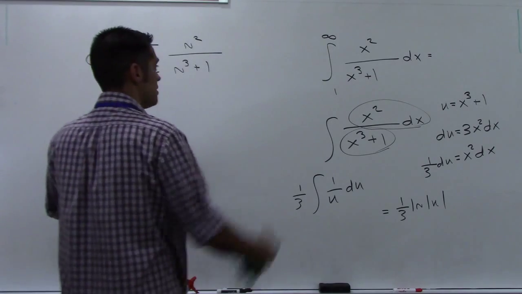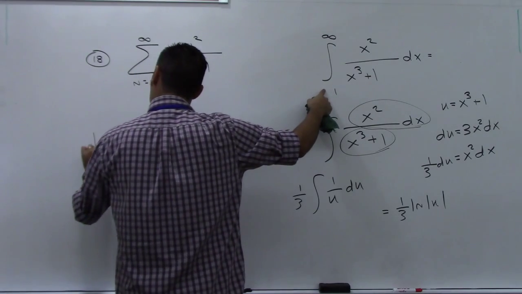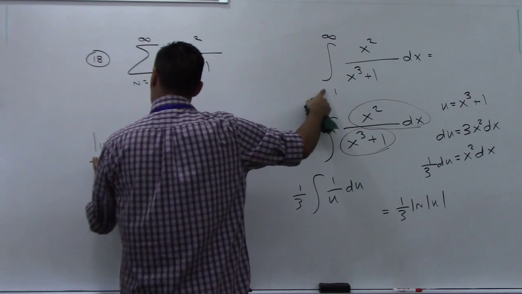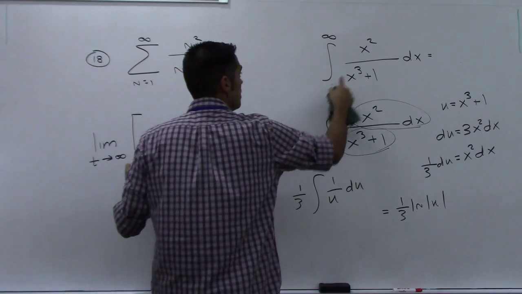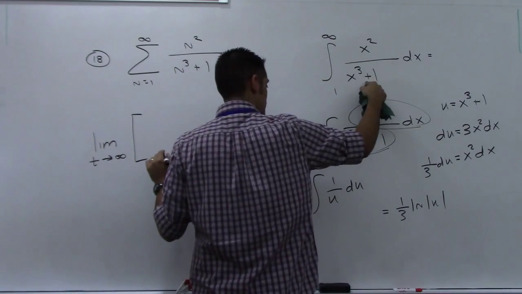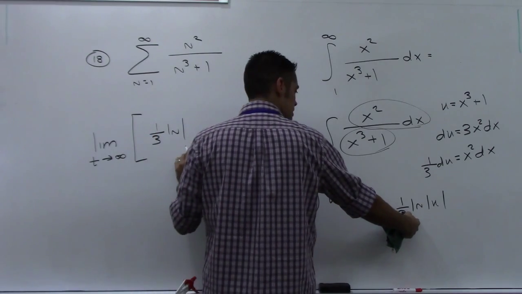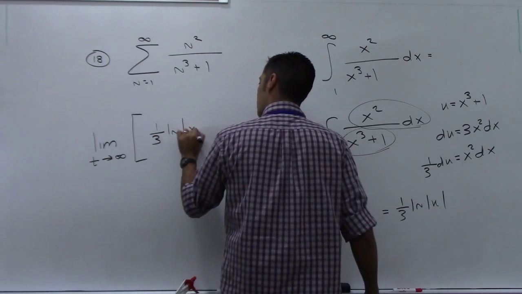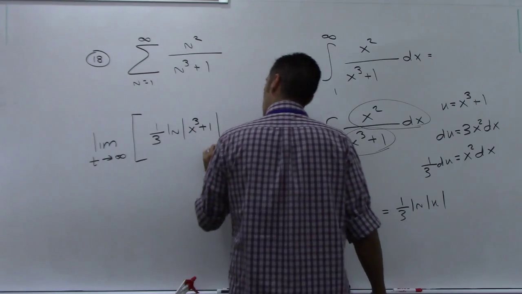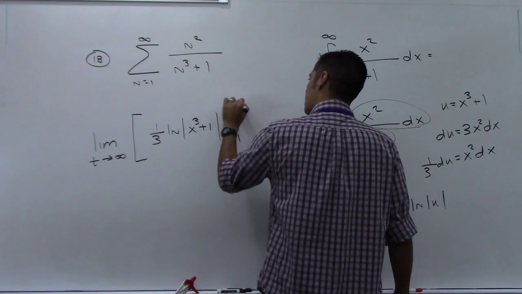So this becomes the limit as t goes to infinity, because I have that thing up here. The antiderivative of this is 1/3 natural log, but what was u? u was x cubed plus 1. Evaluate it from 1 to t.